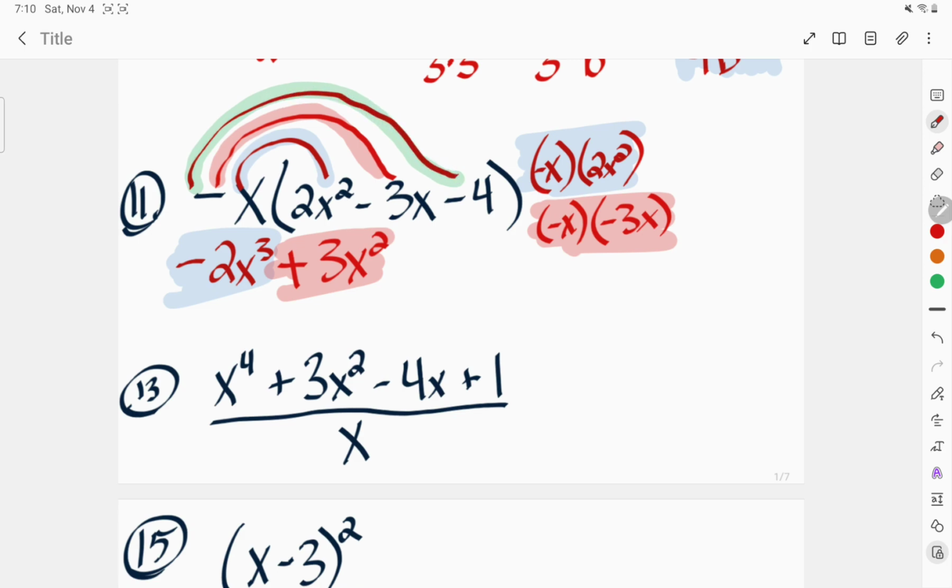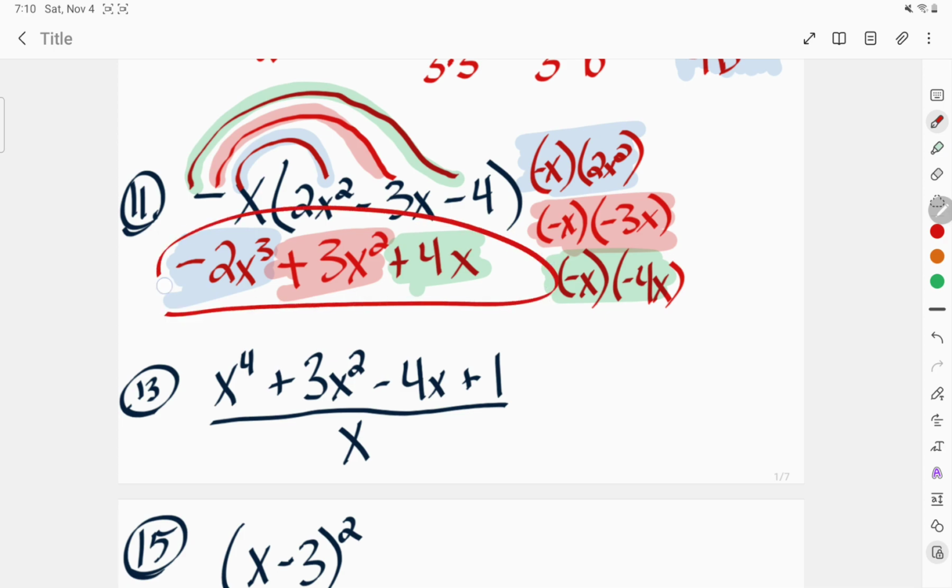Negative x times negative 4, which is going to give me a negative 4x. I didn't write it over here for you. I'm sorry, it's a positive 4x. Okay? And that is your answer right there.